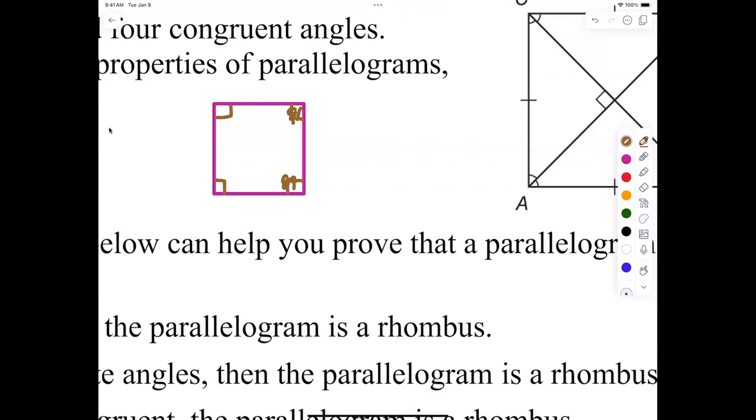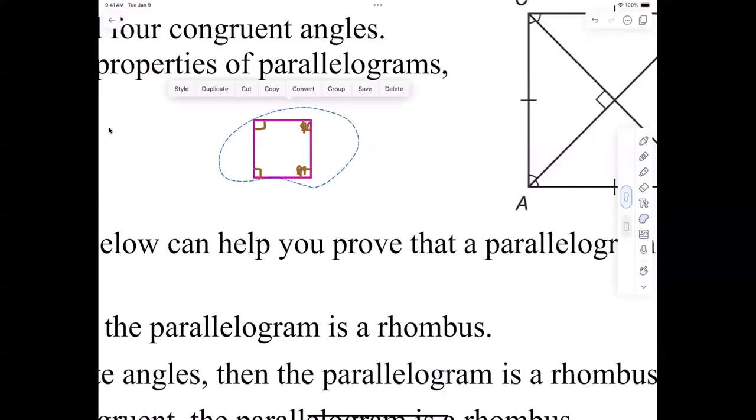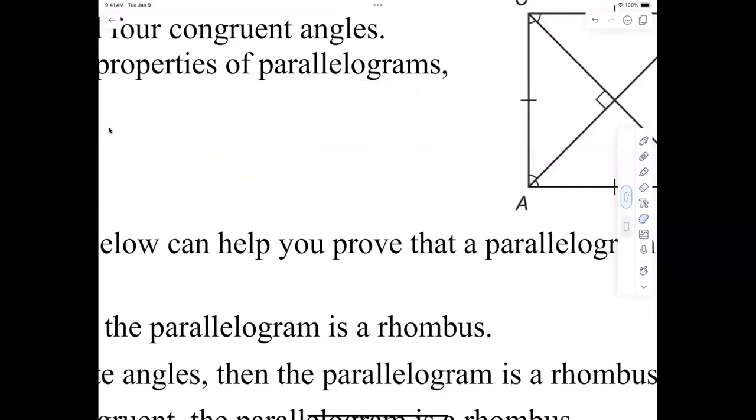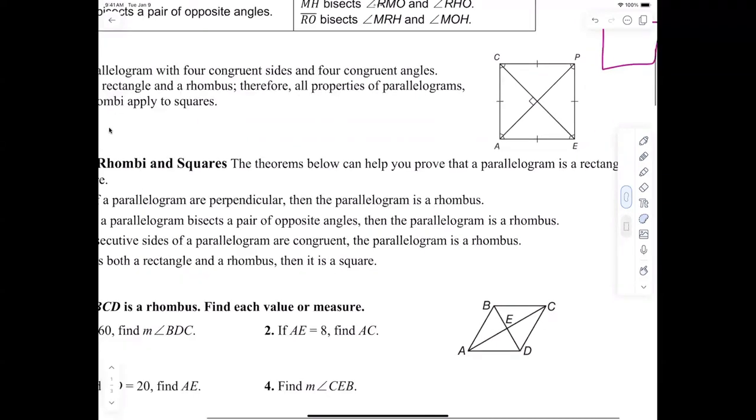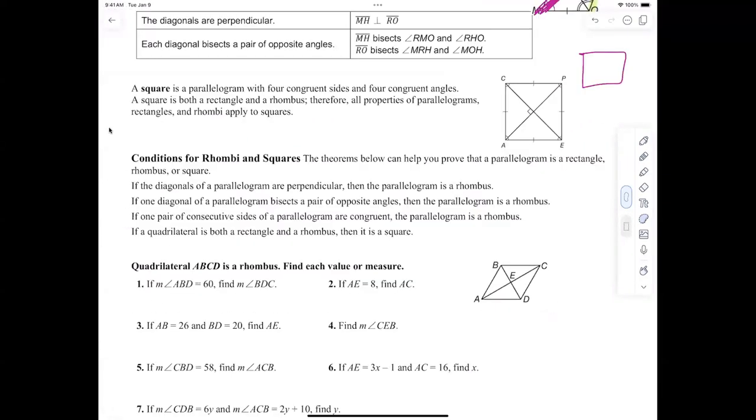Then all of them are, wow, very brilliant. That's exactly correct, because in a parallelogram, consecutive angles are supplementary. So if one is 90, they're all 90. That's exactly right. I feel like we've made some progress today.